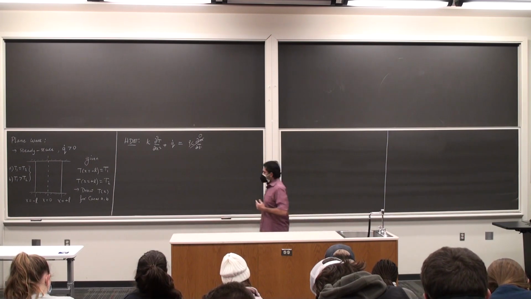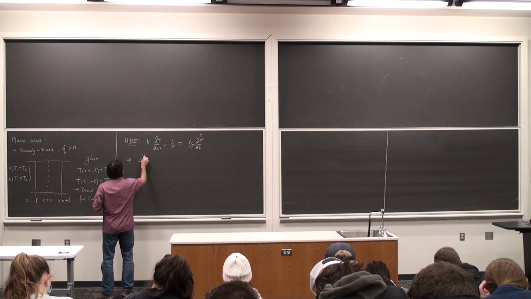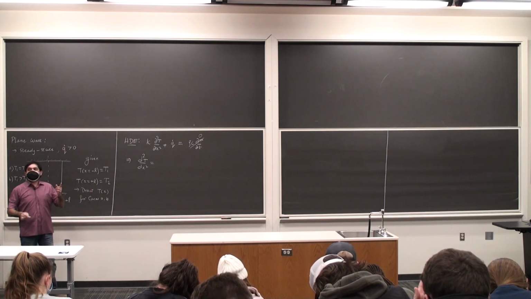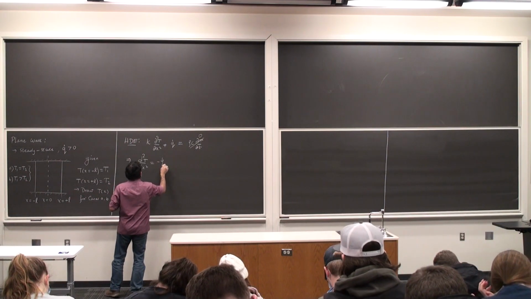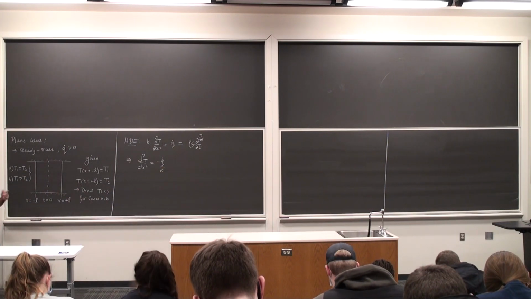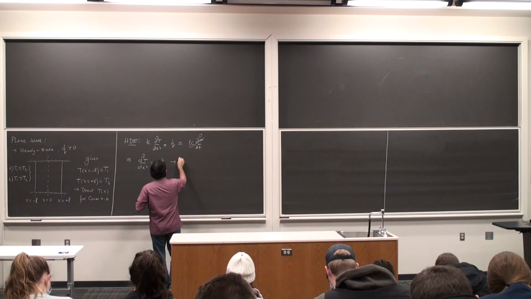We have gone through this a couple of times in lecture, so I'm not going to go through the details. So d square T by dx square becomes minus q dot by k. Okay, and if I do the integration twice, which I'm not going to go through here because we've already done it, integrate twice.